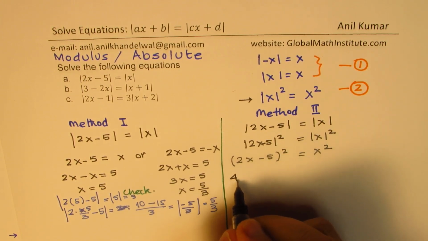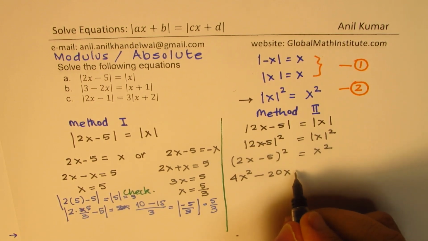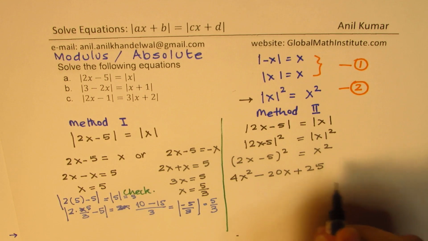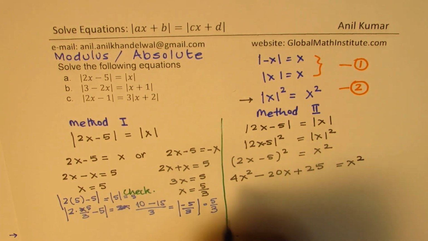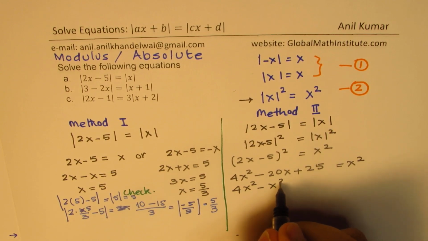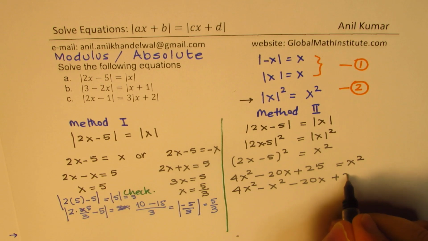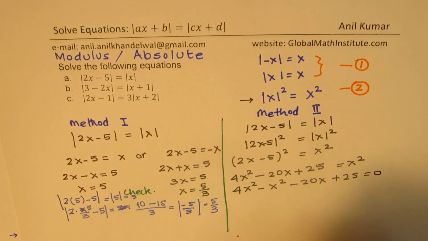Let us expand. So we get 4x squared minus 4 times 5 is 20x plus 25 is equal to x squared, or 4x squared minus x squared minus 20x plus 25 is equal to 0.